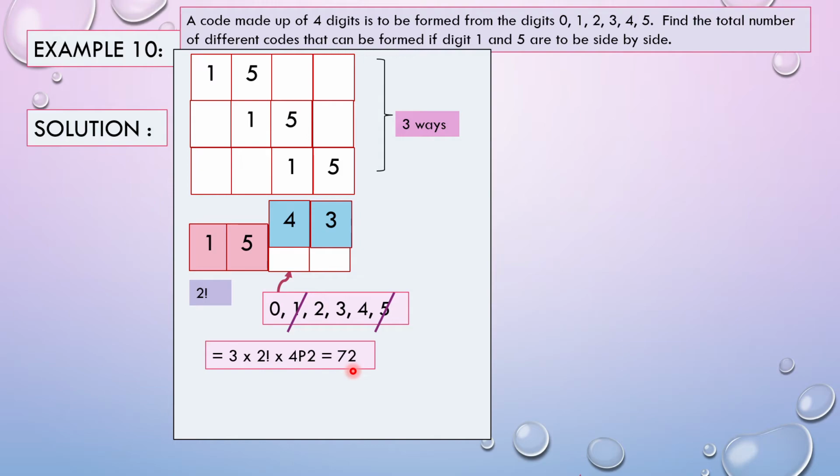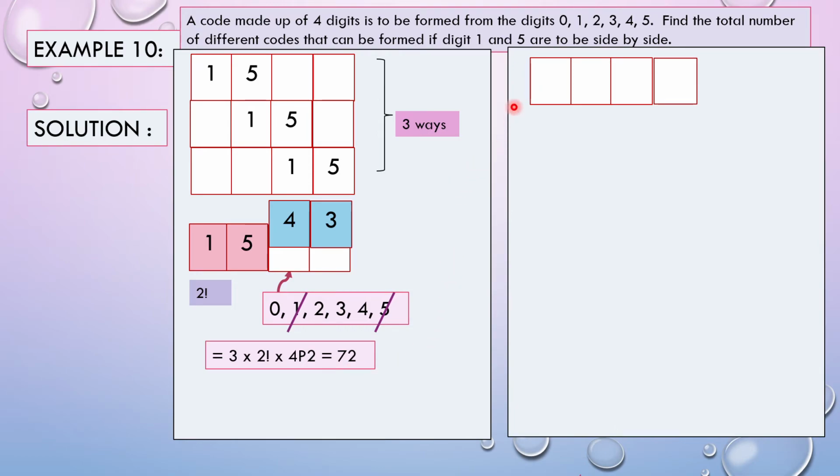Now for this case you have to be careful, because we cannot put 0 at the first box, otherwise we won't be able to get a number made of 4 digits. We won't get a 4-digit number.